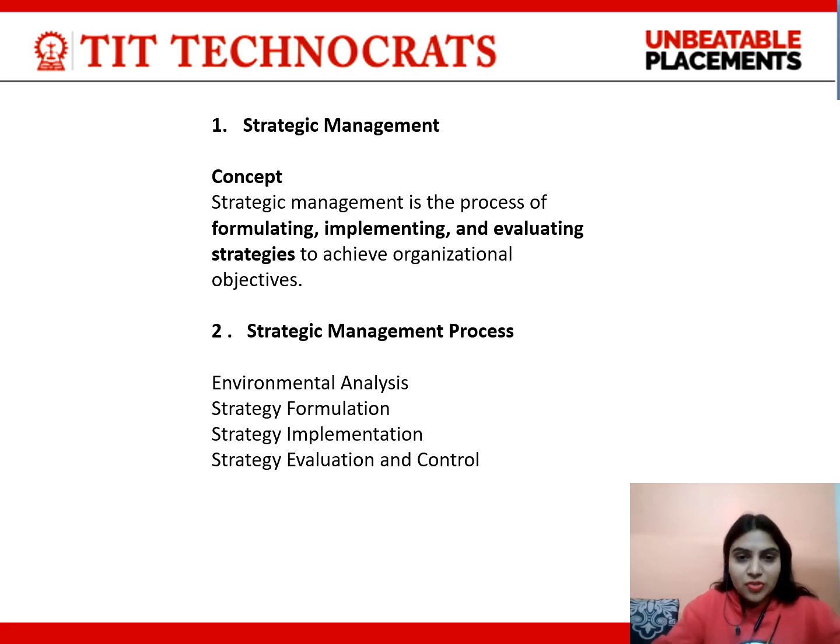There is a process of strategic management, under which these points must be counted. First is environmental analysis. Second is strategy formulation. Third is strategy implementation. And fourth is strategy evaluation and control.